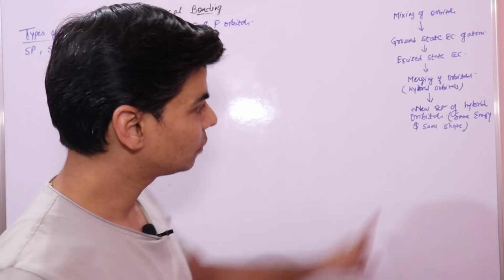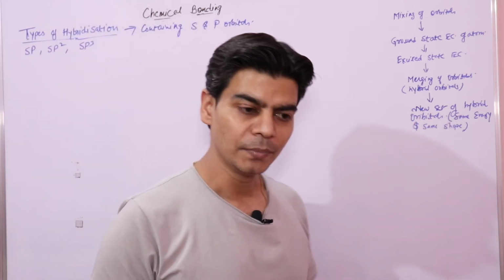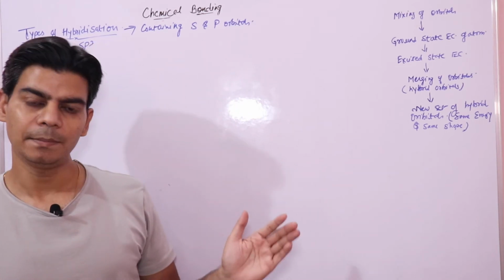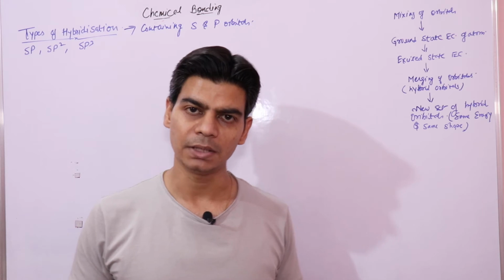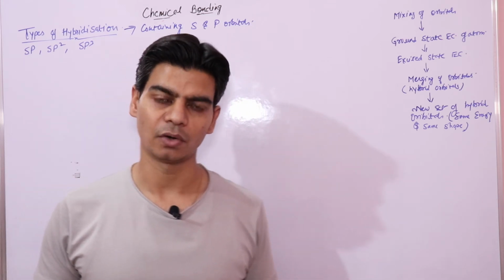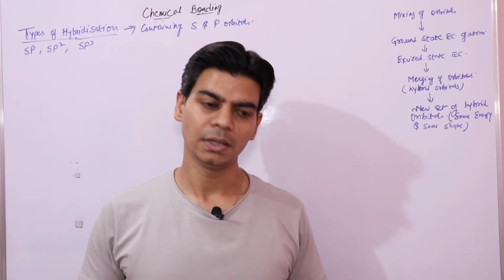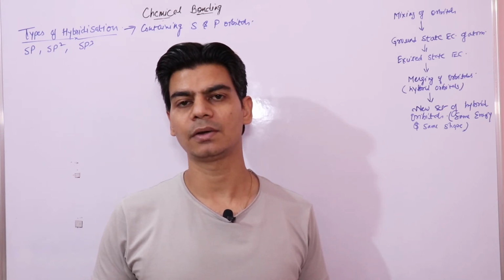So here a new set of hybrid orbitals would be formed, in the same shell. It's not that only half-filled orbitals will take part; even completely filled orbitals can also take part.